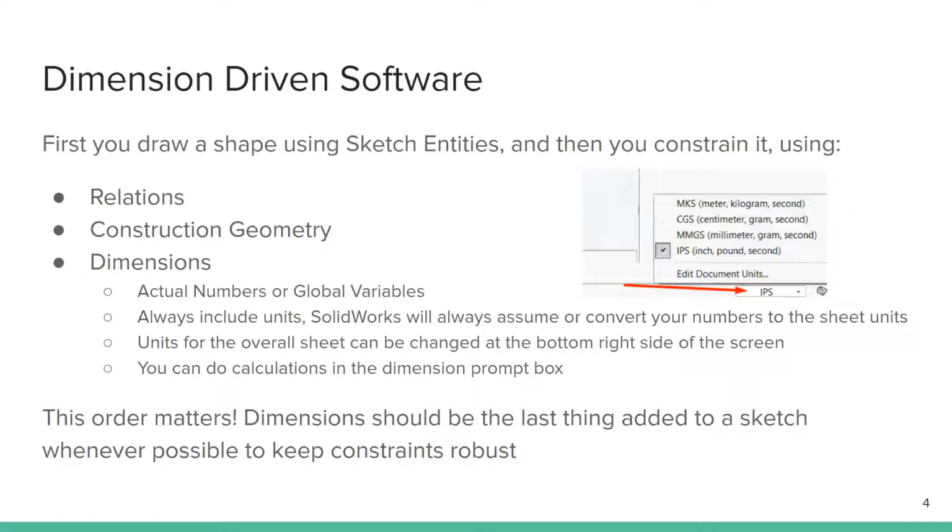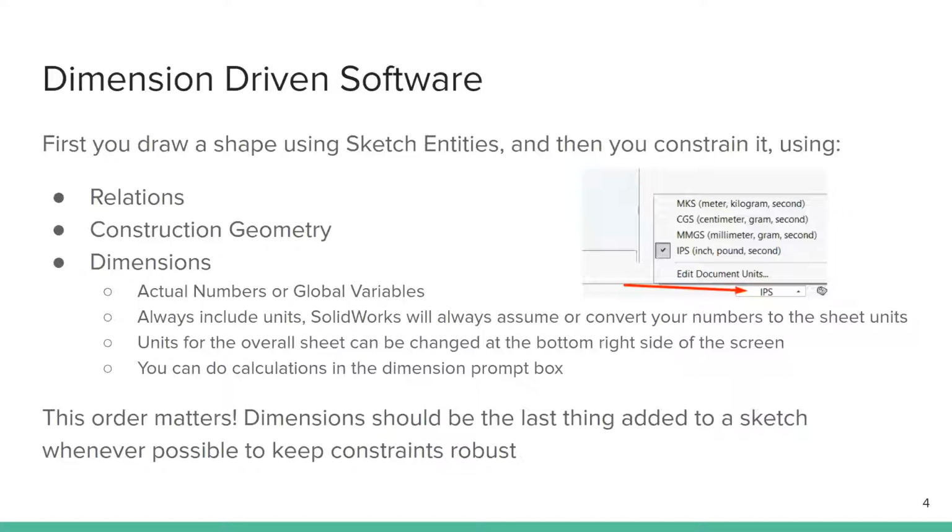But anyway, then you can use construction geometry. So, for example, a line that ends up not influencing the final shape. You can use it to specify a midpoint between 2 other lines, and so on and so forth. We'll also talk about that more.